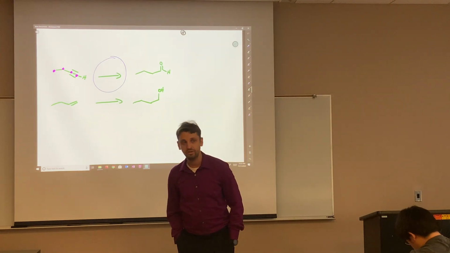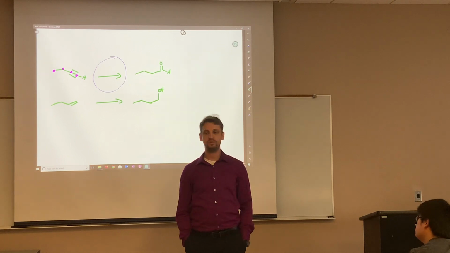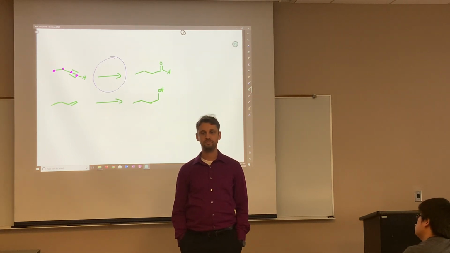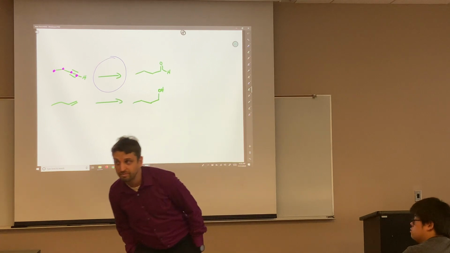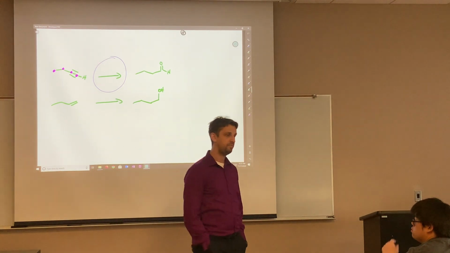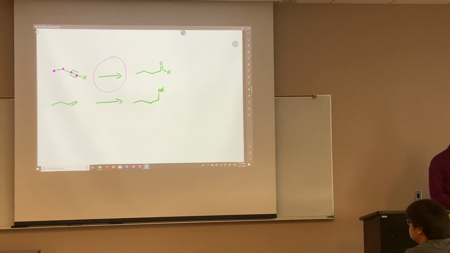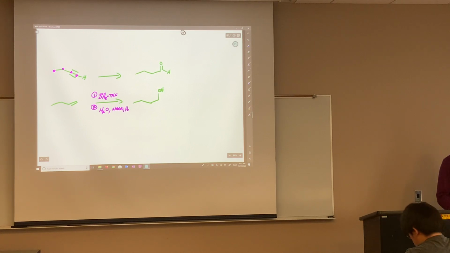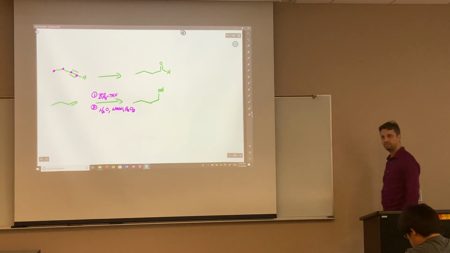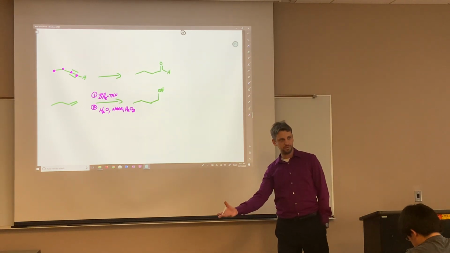Now we need to add an alcohol to the less substituted side. That's exactly right. This is our hydroboration oxidation, right? So what do we got? We got a hydroborate, so like BH3, THF, right? Hydroboration oxidation. Got it? This adds an OH to the less substituted side.